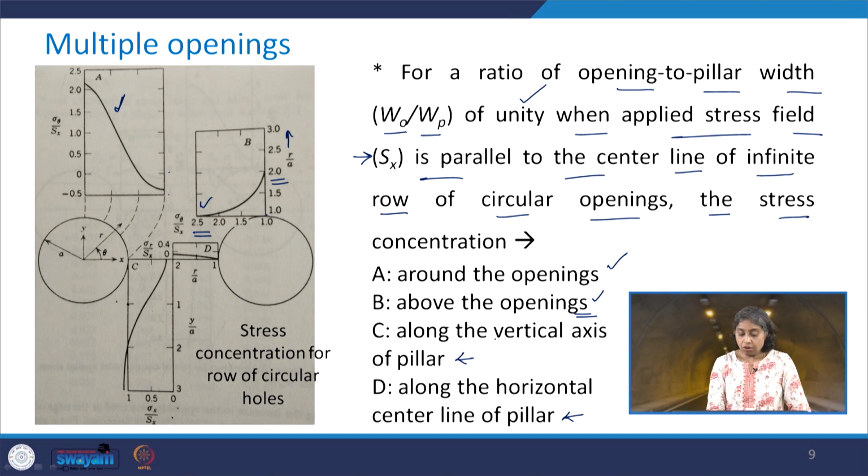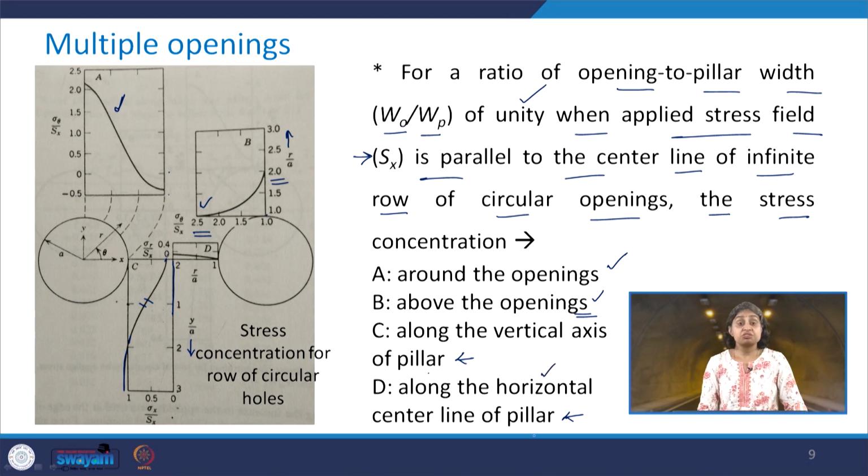Then along the vertical axis of the pillar, that is this one, the variation is Y by A. So here it is varying as 1, 2 and then 3. This is 0. So this variation starts from here and follows this particular path.